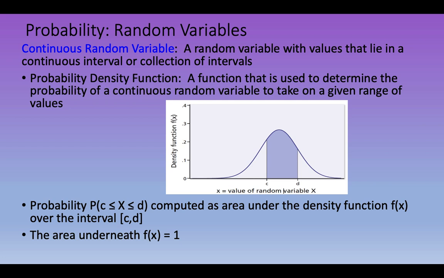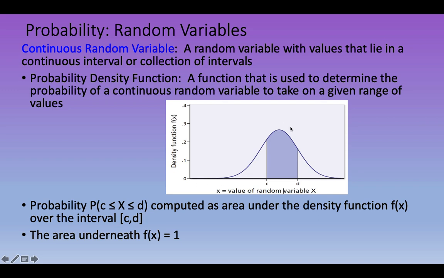And that's what that probability density function is doing. It lets me figure out the probability of getting a value in C, the probability of getting a value in D, all this information. And I can add up all the probability values between these, and figure out effectively how much area is under this curve, under the density function, over a specific interval.